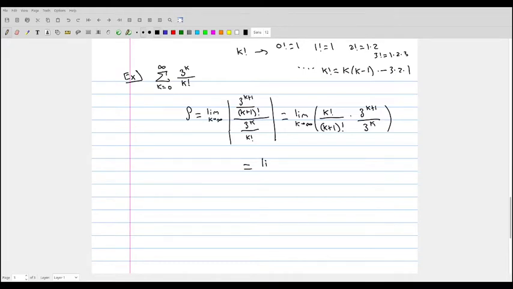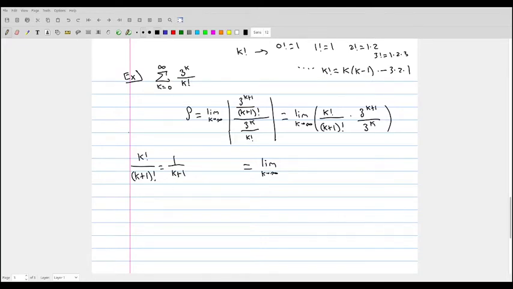Which is the same thing as the limit as k goes to infinity of this function, and k factorial over (k plus 1) factorial is the same thing as 1 over k plus 1.